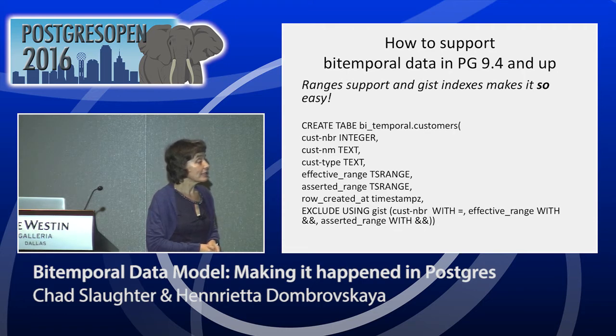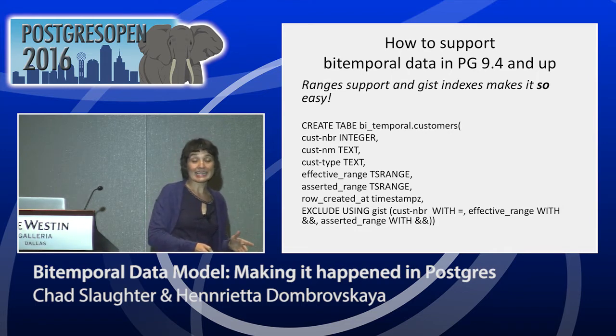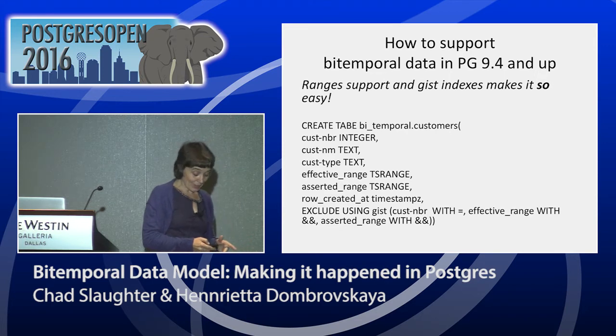The GiST index tells us that for each customer number, effective range and asserted range should not overlap. What this means is that you can have multiple effective ranges with the same asserted range, and you can have multiple asserted ranges for the same effective range, but none of these can overlap. If you think about this, it's a pretty complex criterion, and the only thing you need now is to write this one statement.